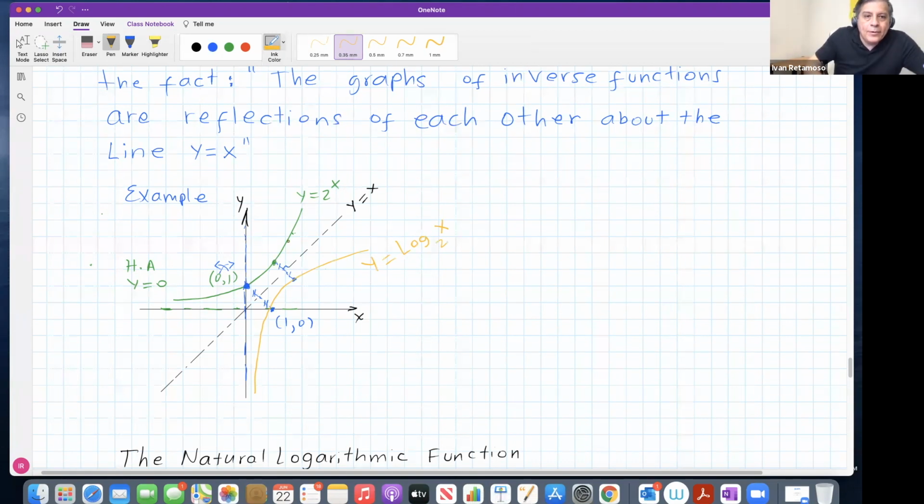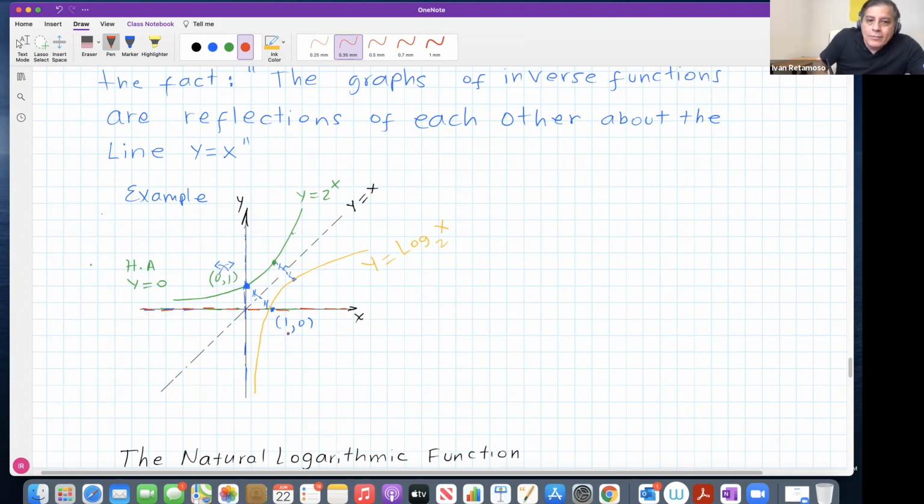Notice for the exponential function y equals 2^x, yesterday we explained that this is the horizontal asymptote, y equals 0.